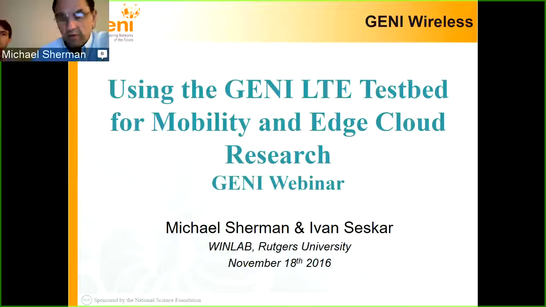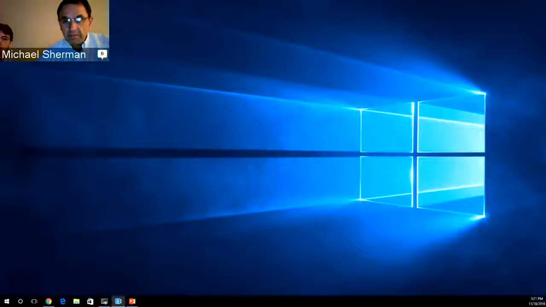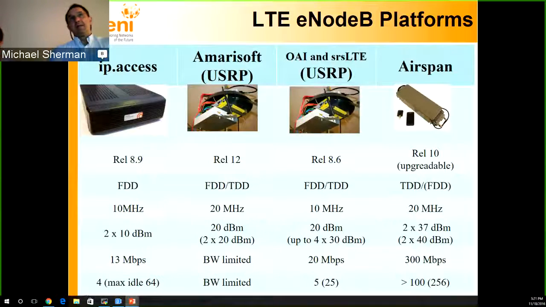So continuing where Manu stopped, in addition to an airspan base station, one of the things, as Manu mentioned, that is really getting a lot of traction these days are software-defined radio-based approaches to wireless research.